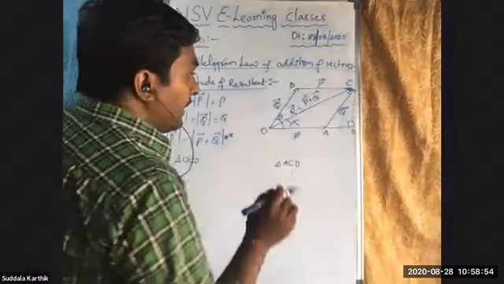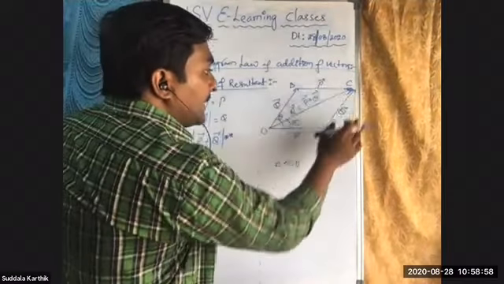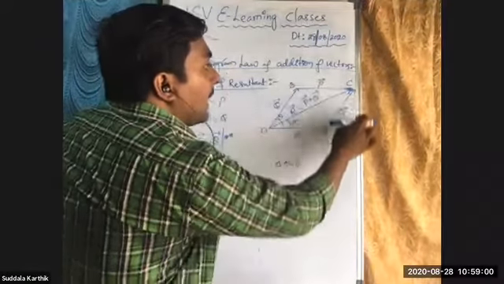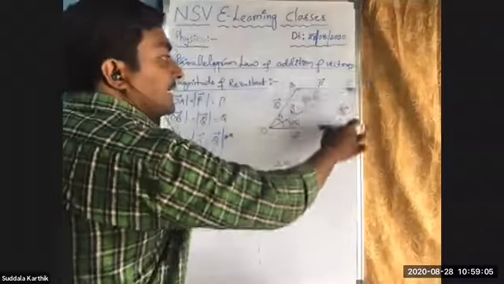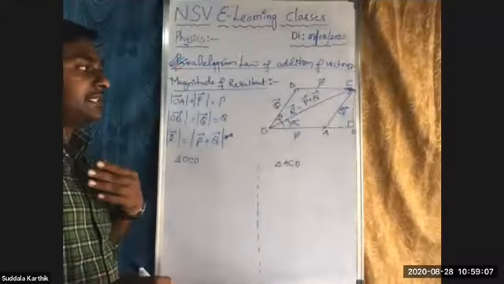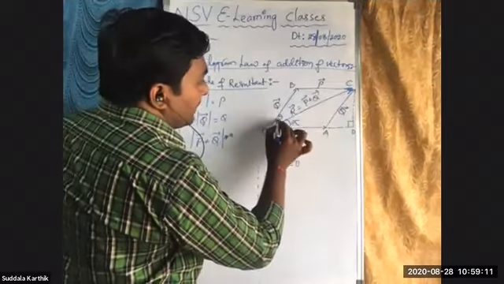I know this value, but in this diagram, I didn't have the CD value. For that purpose, I am calculating. This is theta.